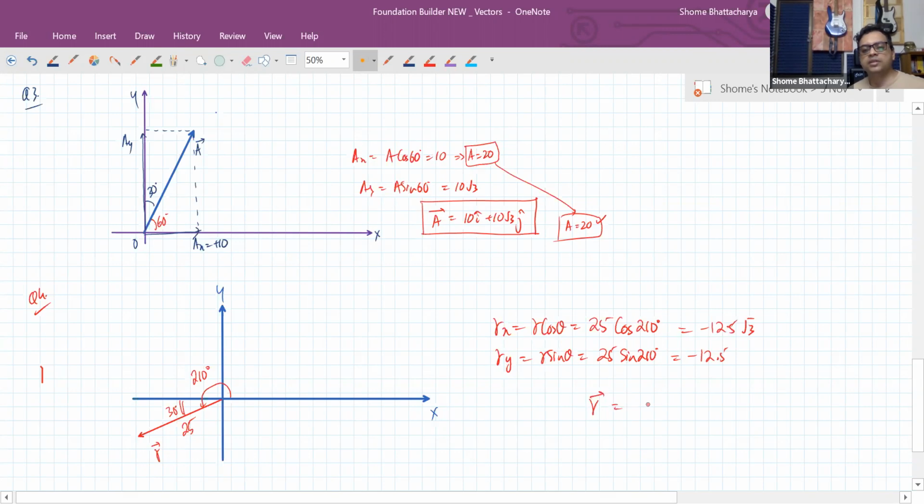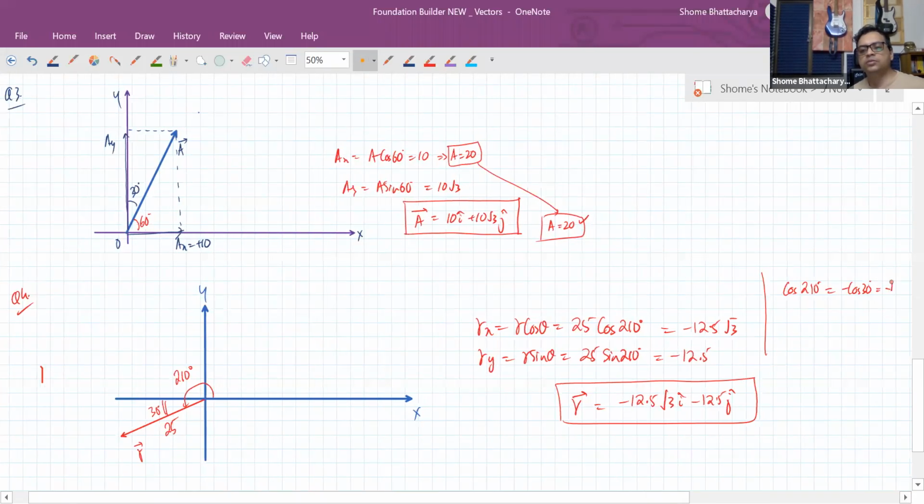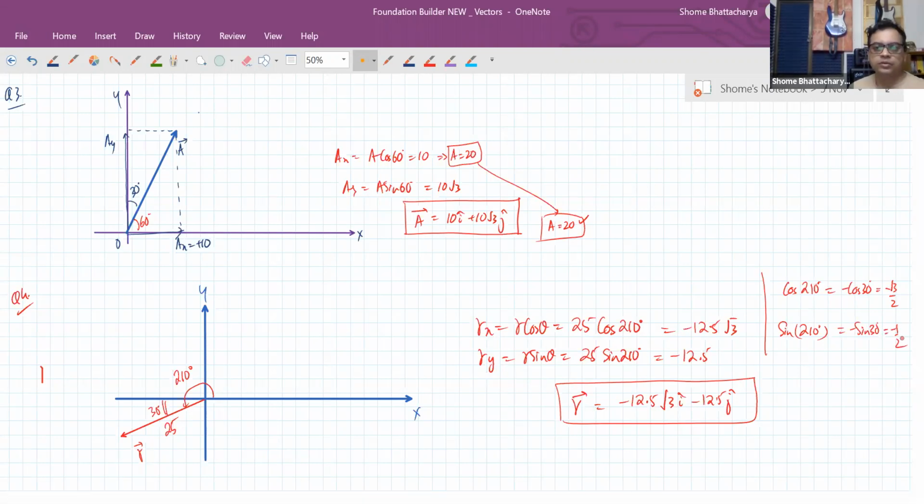So the vector can be written as that. Again, it's down to basic trigonometry. You should be able to figure this out, Hitanshu, that cos 210 is minus cos 30, which is minus root 3 by 2, and sine 210 is minus sine 30, which is minus half. That's all you have to do in this question.